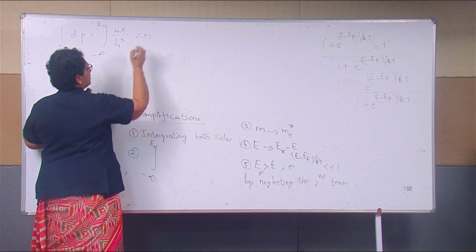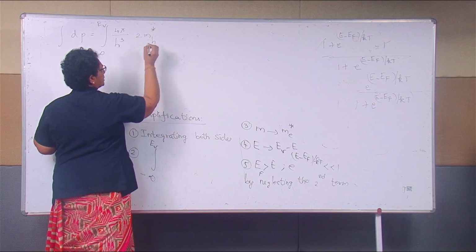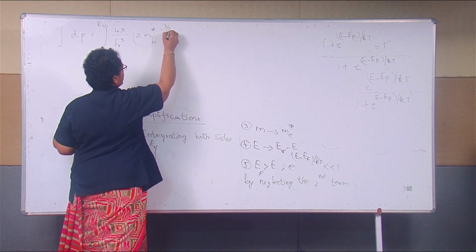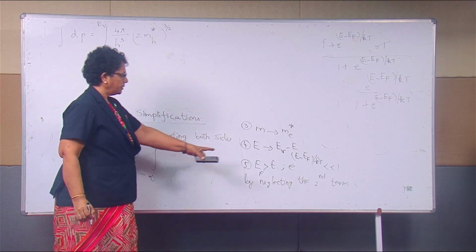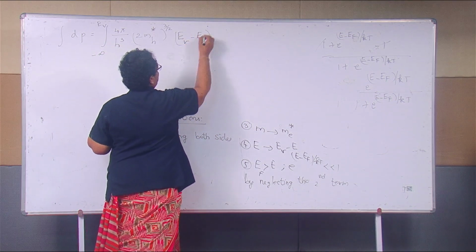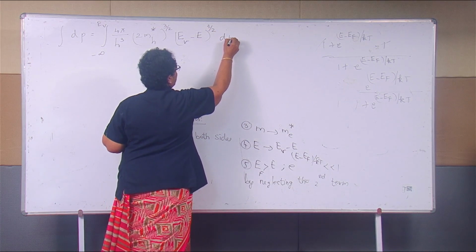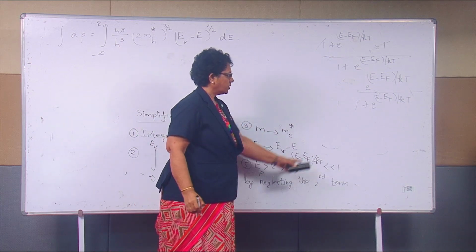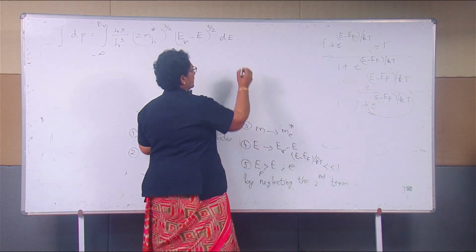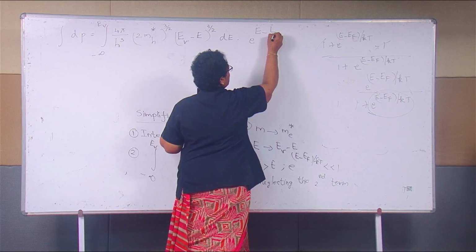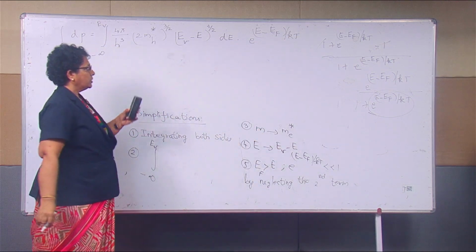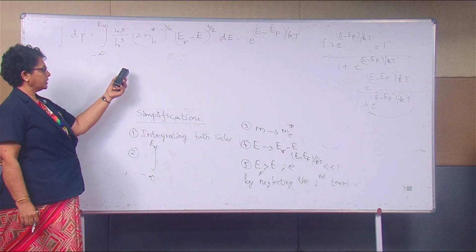This m can be replaced as m star, with a suffix h in order to differentiate, to the power 3 by 2, and EV minus E to the power of half dE into the Fermi distribution function. The second term can be neglected, so only the numerator alone will exist, e to the power of E minus EF by KT. This is the final simplification substituted there.